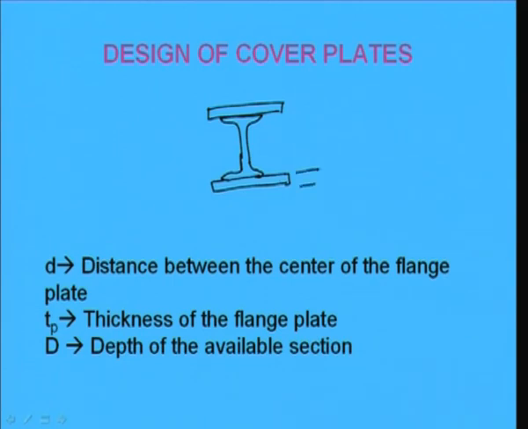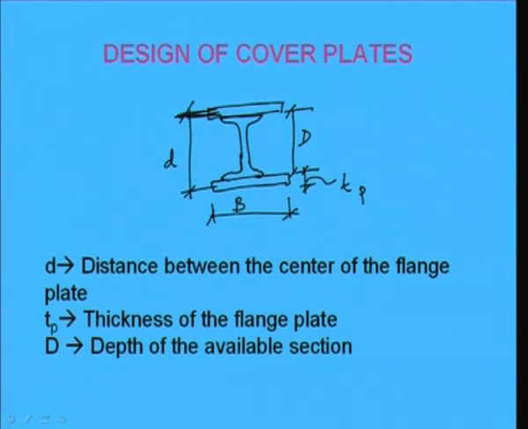Now, the thickness of the plate, let us have Tp, and the width of the plate let us make B, and say the center to center distance of the plates is small d, and as we know this is capital D, the depth of the rolled section.